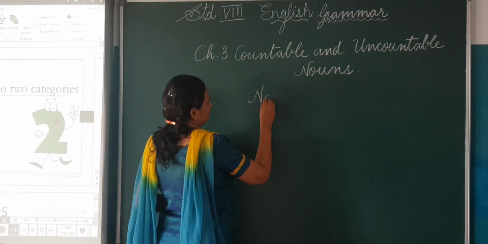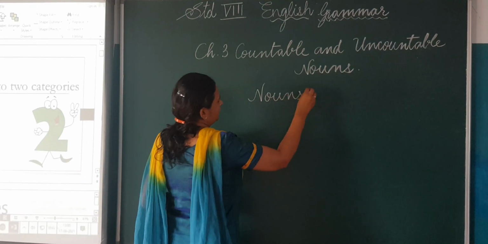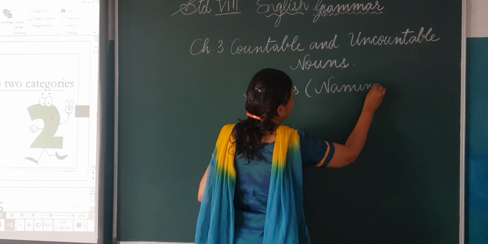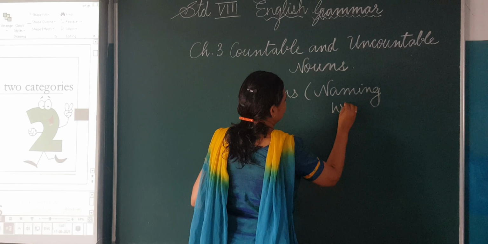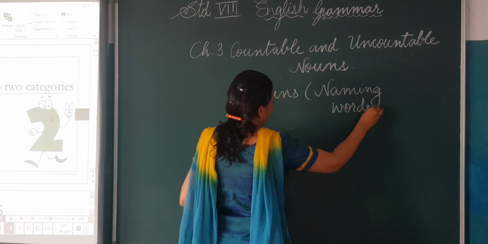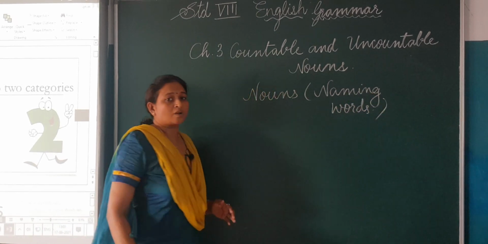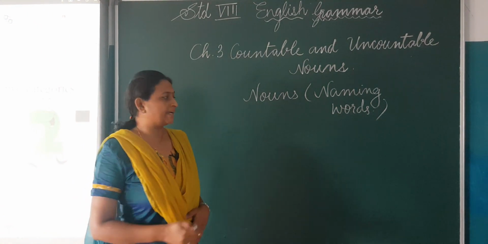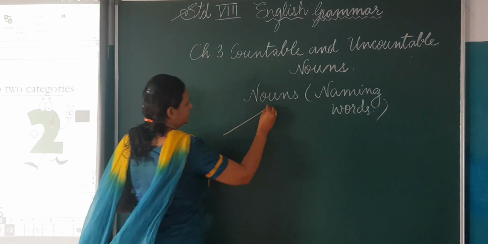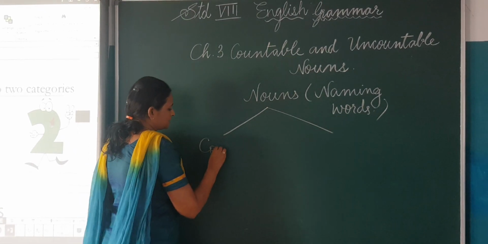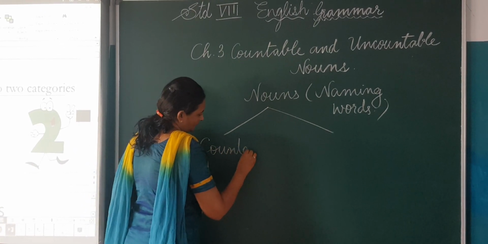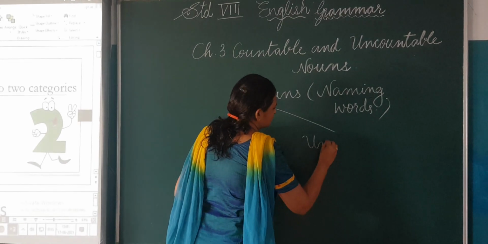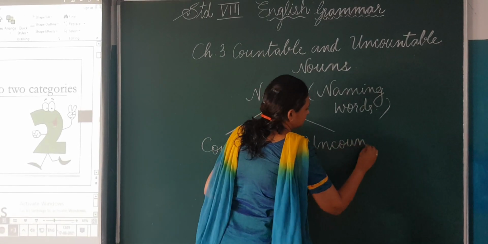Nouns, as you all know, are also known as naming words. Now based on their number, meaning singular and plural, we can divide nouns into two categories, that is countable nouns and uncountable nouns.